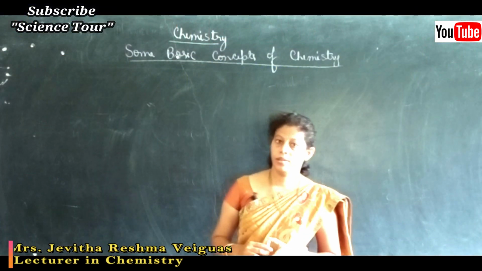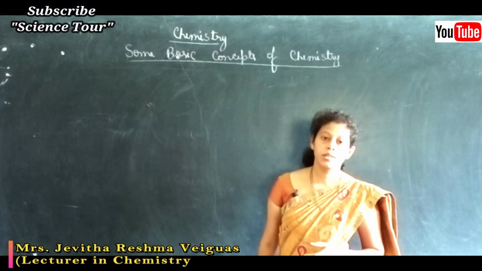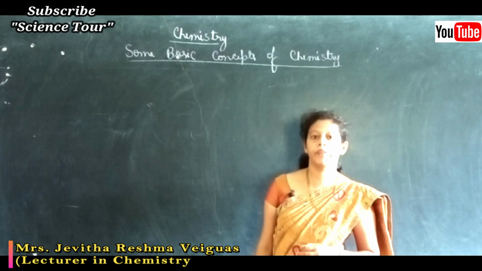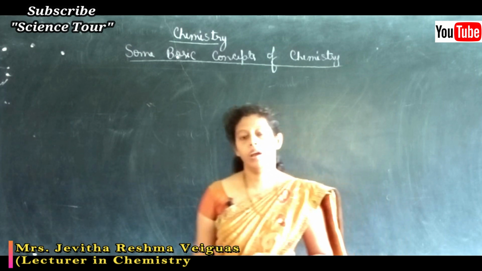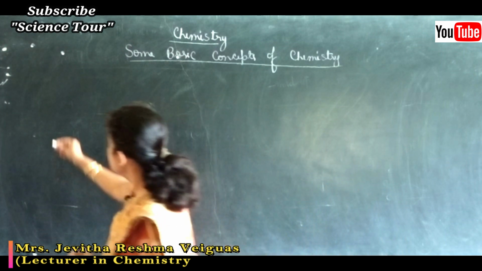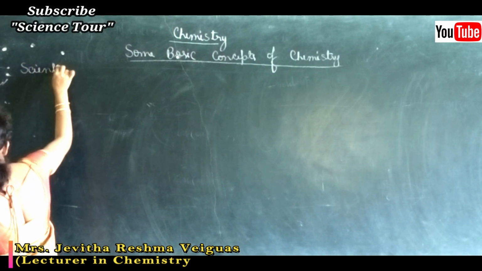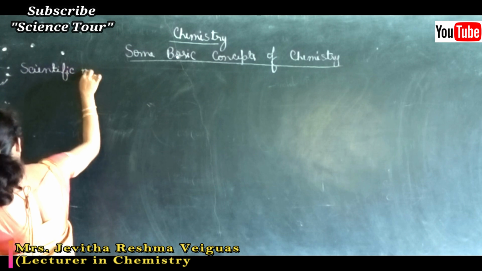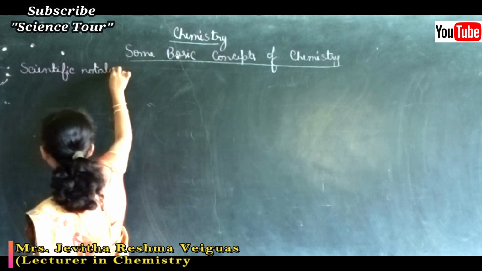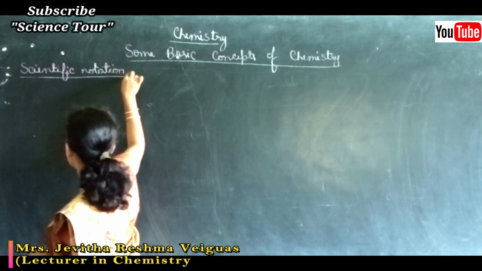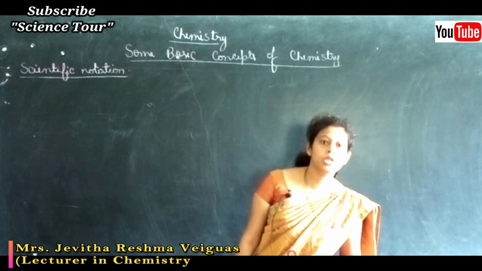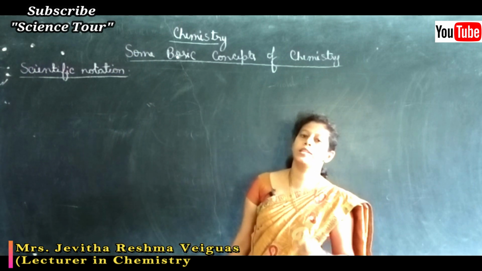Hello students, we were dealing with the chapter Some Basic Concepts of Chemistry, in which we have studied what a scientific notation is. Scientific notation is a method to write very large numbers and very small numbers in a very easy manner.